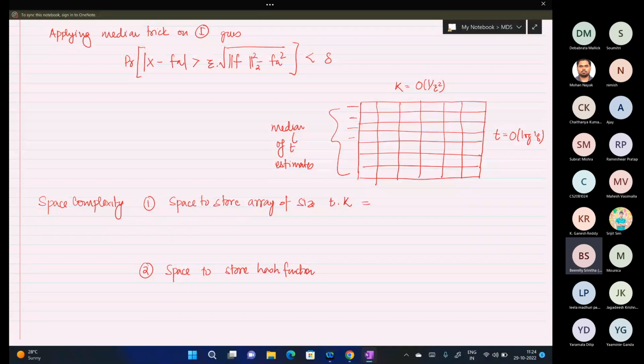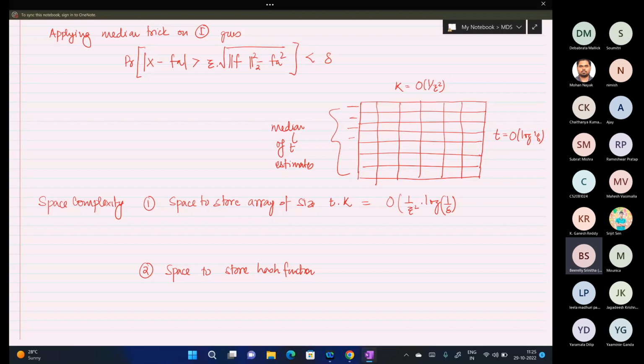So how much space do we require here? It's T into K, order 1 by epsilon square into log 1 by delta. This many counters do we need.